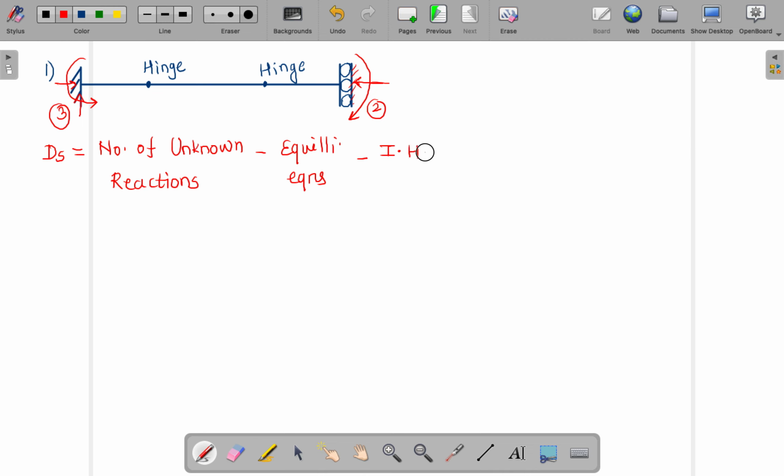I'm writing in shortcut internal hinges. So how many unknowns are there? 3 plus 2, five unknowns. Minus available equilibrium equations, which are 3. Minus internal hinges, there are 2 hinges, so minus 2. So degree of static indeterminacy is 0. Means it is a determinate structure, a determinate beam.